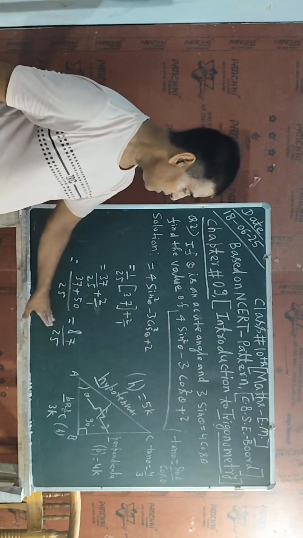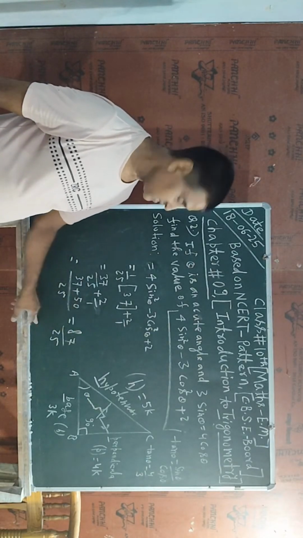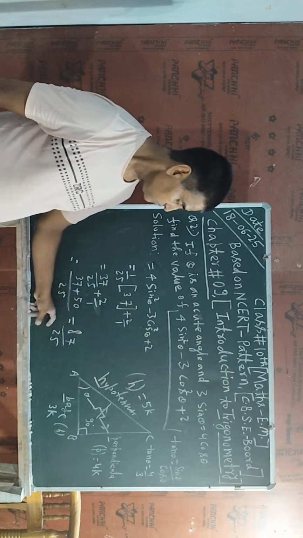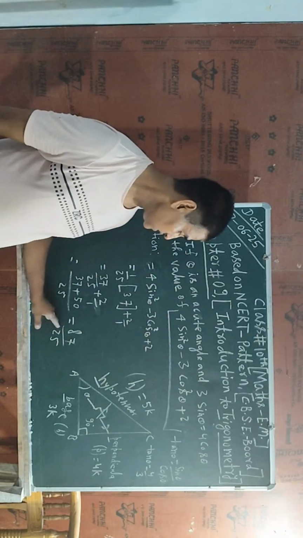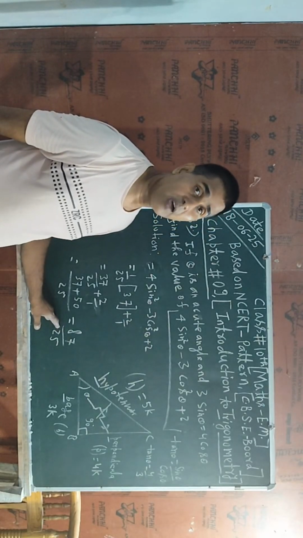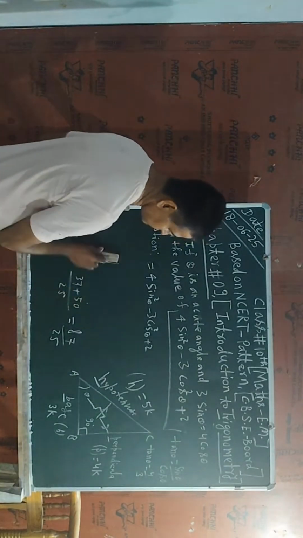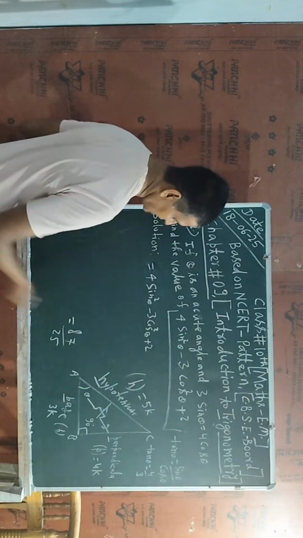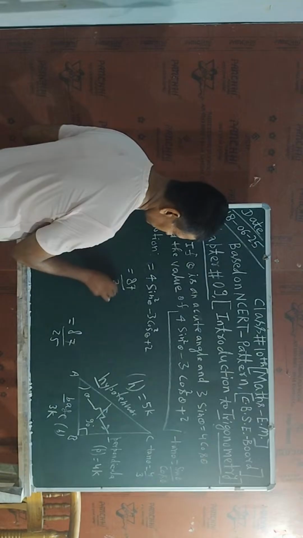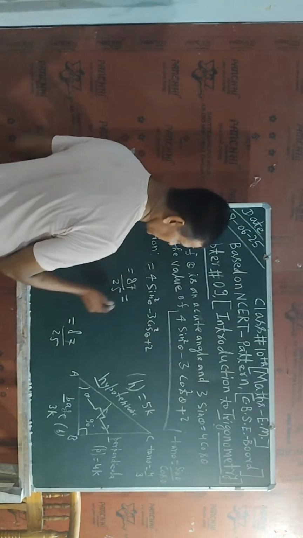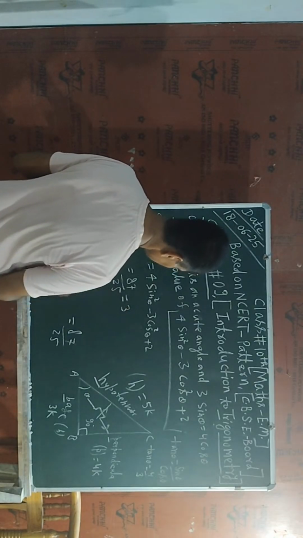Now I will write it as a mixed fraction, because this is an improper fraction, and I will put it in mixed fraction form for getting its answer. This is also an answer, but I am going to write it like this. 25 times 3 is 75.